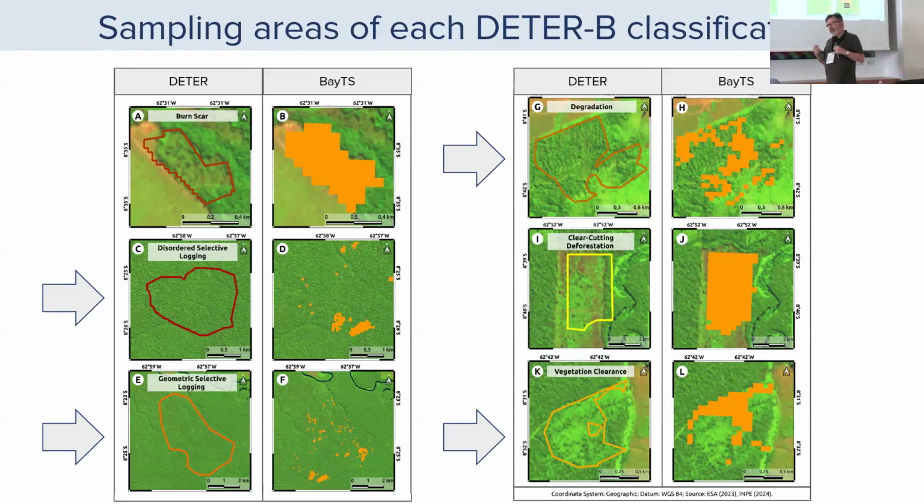What kind of methods do we need that would detect forest disturbance in tropical areas, which are much more selective spatially, which have more complex spatial patterns than burn scars and clear cuts? And this is, of course, the question that lies ahead.